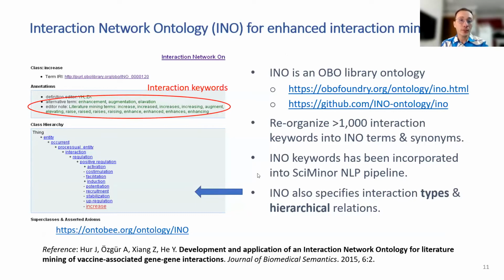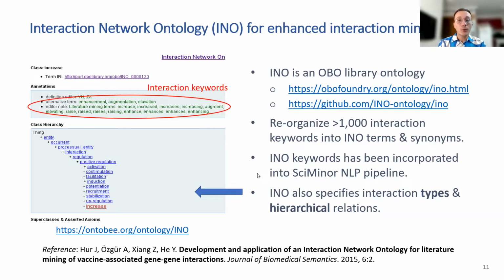And more specifically, INO is an OBO library ontology, and it organizes more than 1,000 interaction terms and their synonyms. For example, the similar words for increase are augment, elevating, rise, enhance, etc. So they are all also specified.